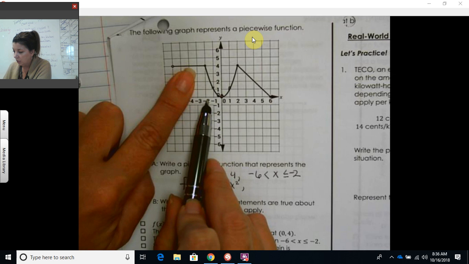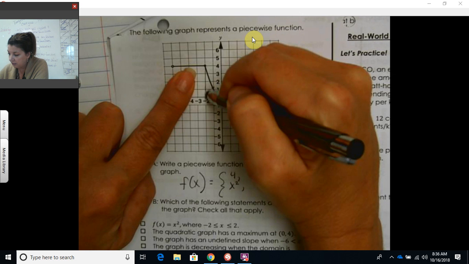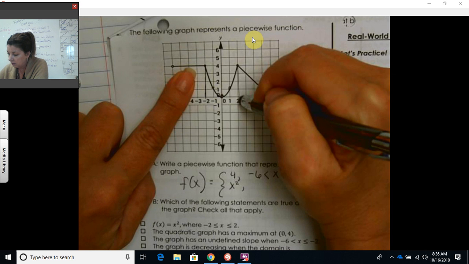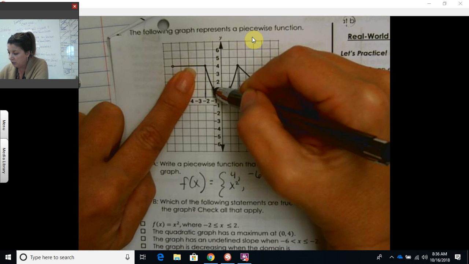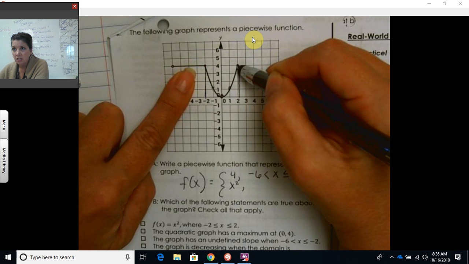Doesn't it only have values of x between these 2 points? It has -2, -1, 0, 1, 2, and then it stops there, right? So it has values of x between -2 and 2, and it includes both of those points.